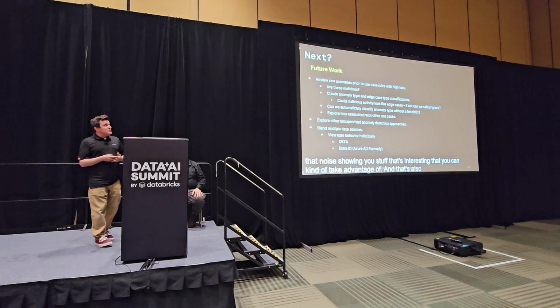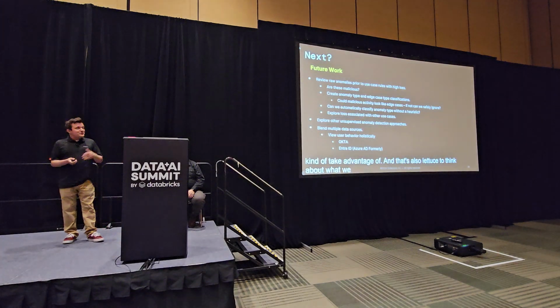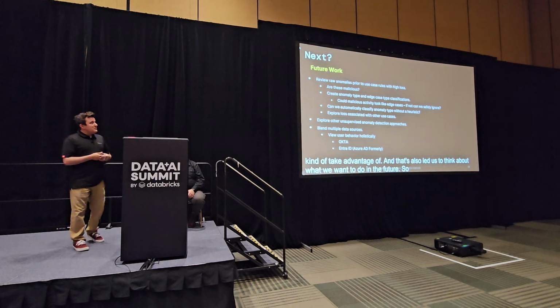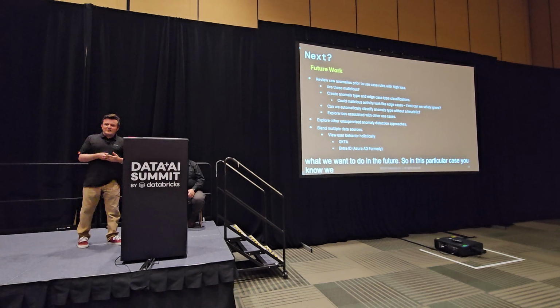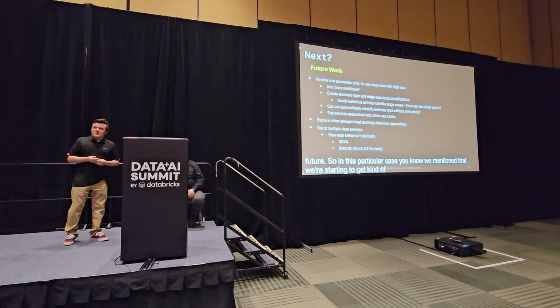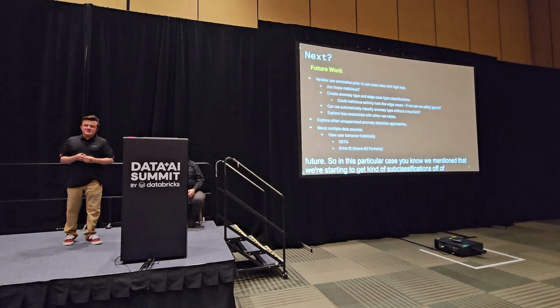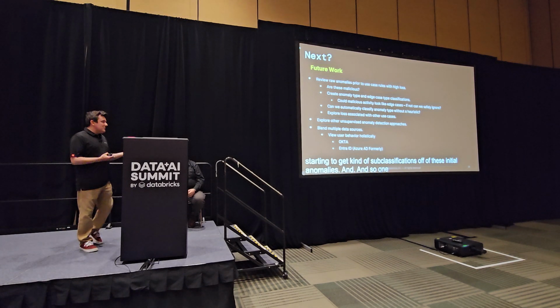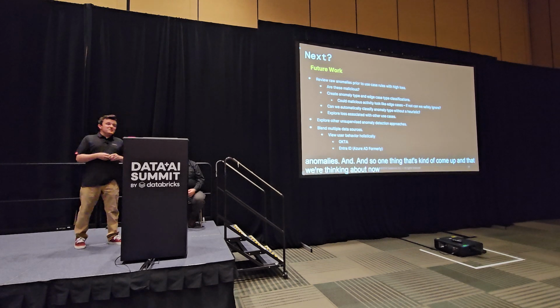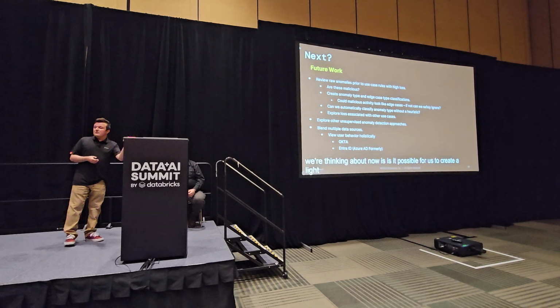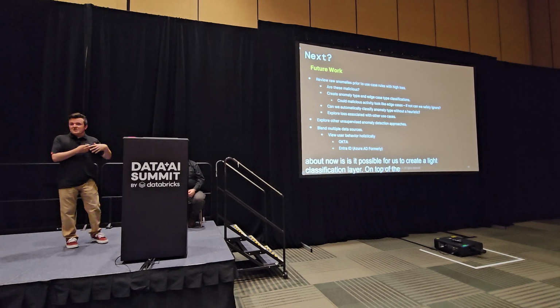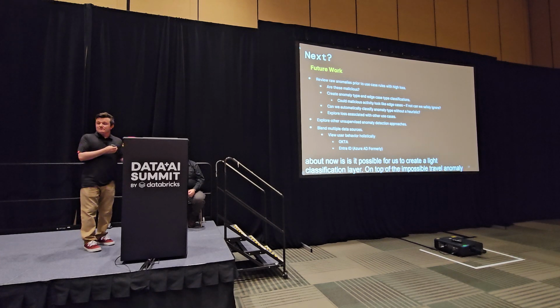And that's also led us to think about what we want to do in the future. In this particular case, we mentioned that we're starting to get sub-classifications off of these initial anomalies. So one thing we're thinking about now is whether it's possible to create a light classification layer on top of the impossible travel anomaly definition that we have.